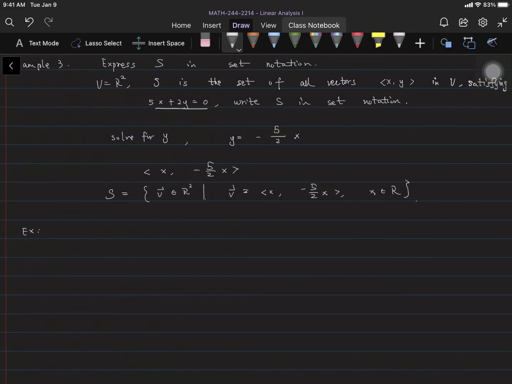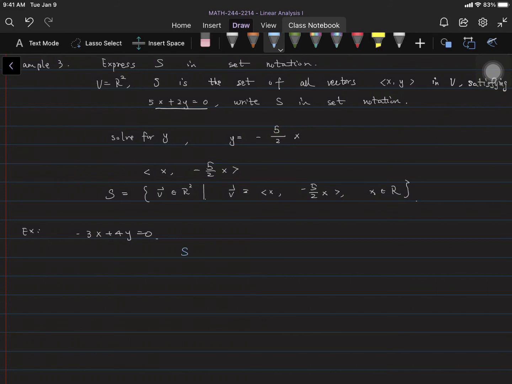Let's try this one. Same thing. The vector space is still R2. Sorry. So negative 3x plus 4y equals 0 satisfies this condition. Let's write down the set notation for this.